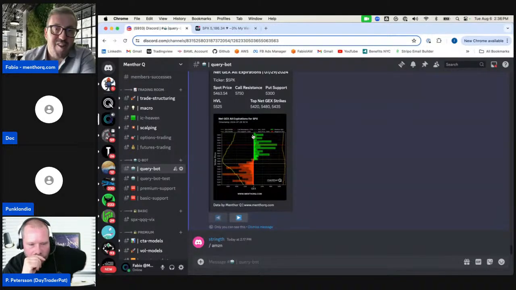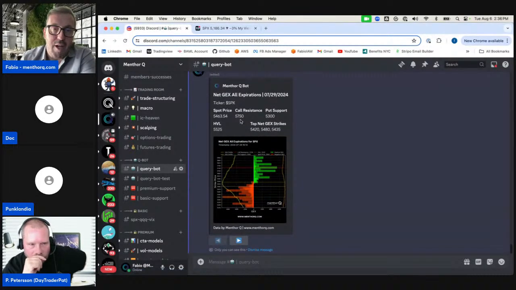So always look, for example, at how the main levels are shifting, right? Let's go back to the 31st. We see a core resistance at 5,750 and a put support at 5,300. You want to see if these levels are shifting down, if there is a shift in these levels and so on.